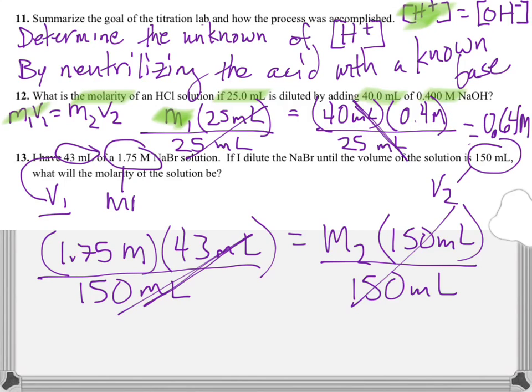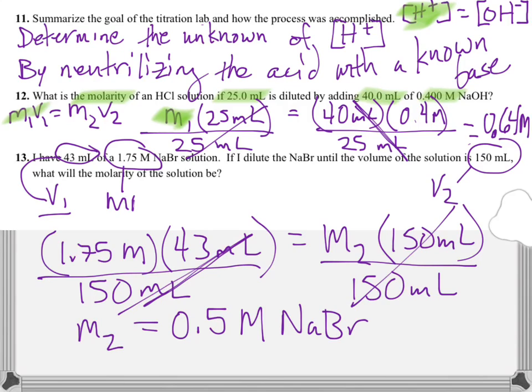Notice the milliliters cancel out. So our M2 is going to equal 1.75 times 43 divided by 150, which is going to give us an answer of 0.5, and don't forget your units, molar. We can even put the substance here, sodium bromide.